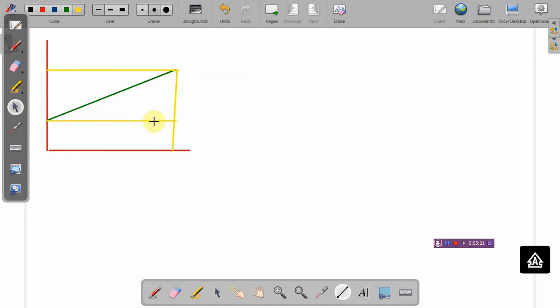So which is my graph? My velocity is increasing from u to v.